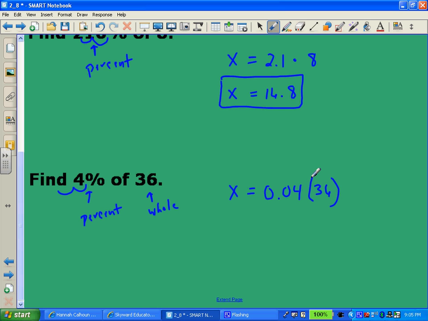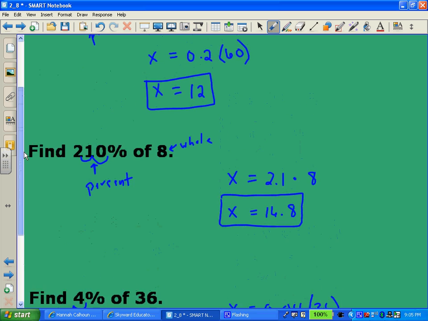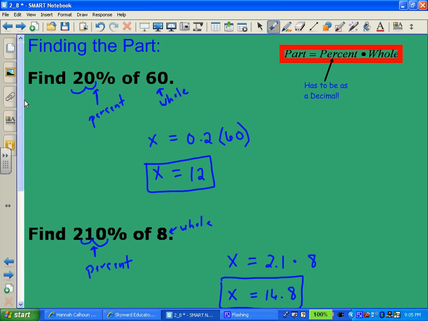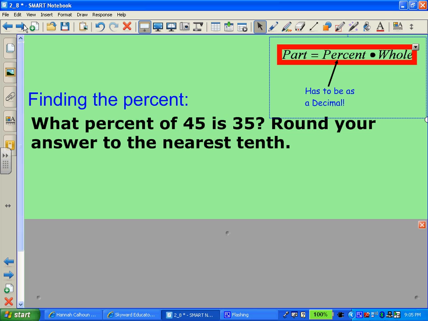So I'm going to find 4% of 36. So I take 0.04 times 36, and I come up with 1.44. So that's how I master problems where I'm trying to find the part.